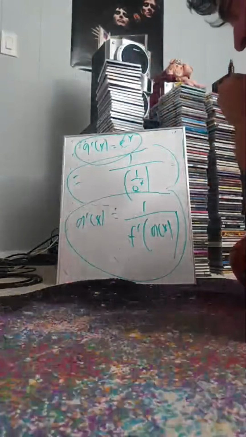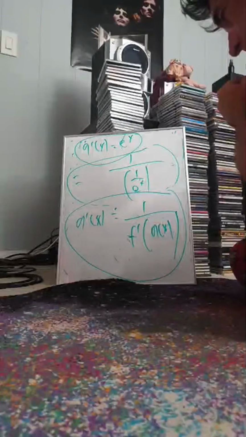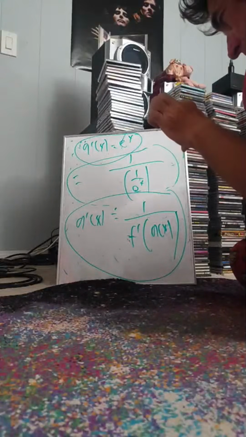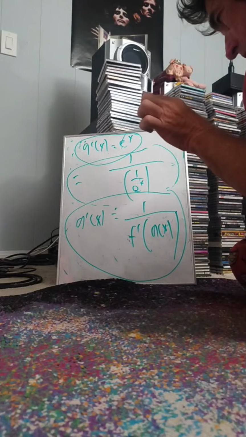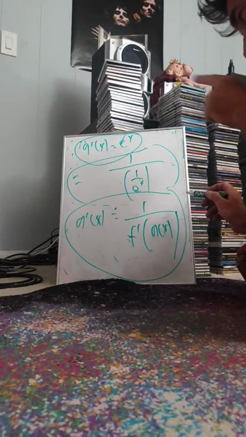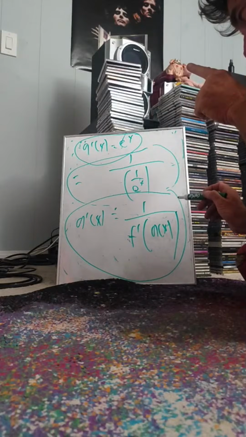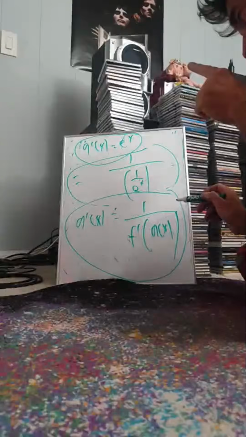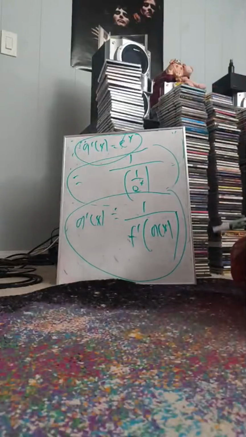I think that was our theorem, I think. f prime of g of x. What was f? Got it. That's true. Okay, got it.